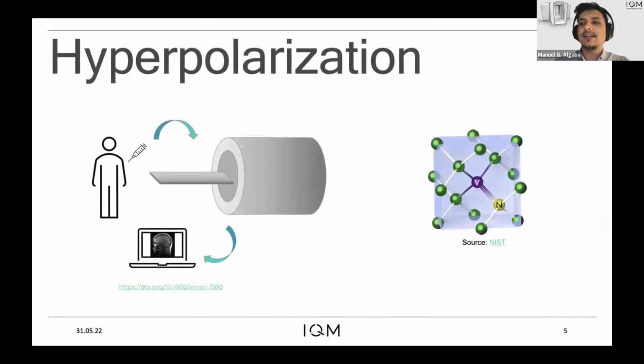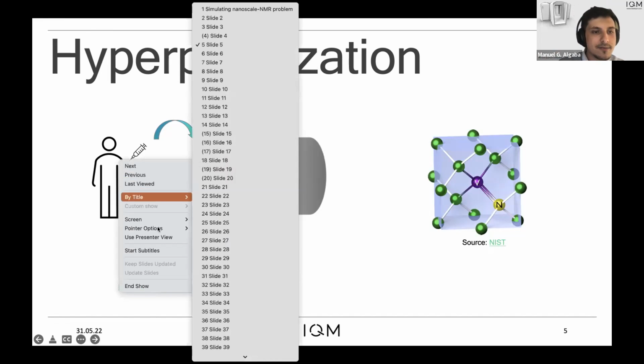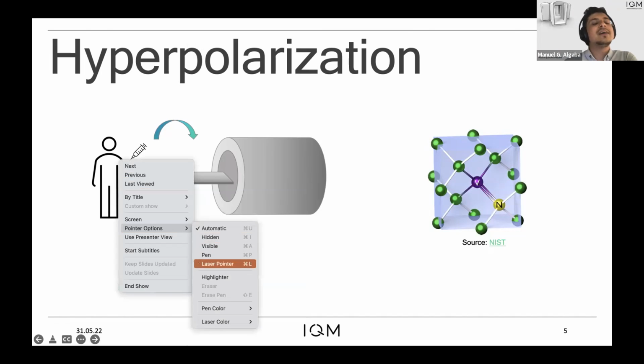So first of all, the hyperpolarization process is a process whose main applications are for imaging, both medical imaging and also molecular imaging, because in conventional medical imaging, for example, if you go for nuclear magnetic resonance, patients are injected with, 1 second, let's put the laser, yeah.